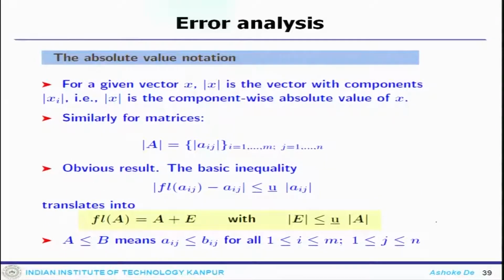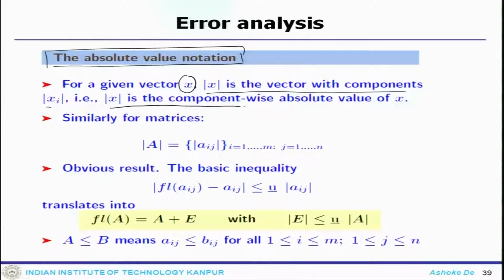Now, moving ahead with this discussion of norms and others, you can find out the absolute value notation. How would one define it? You have a given vector x, and mod x is the vector with components mod xi. So, you have two different things, that is mod x is the component wise absolute value of x.